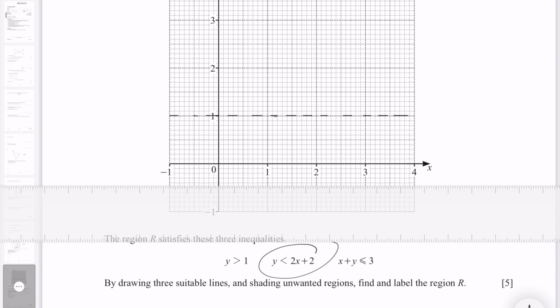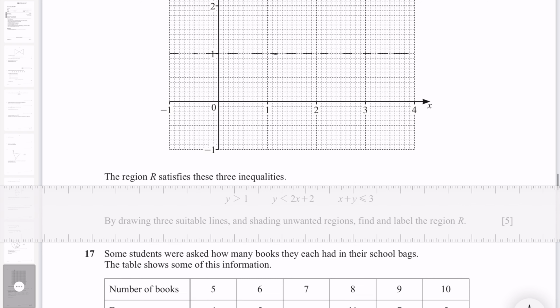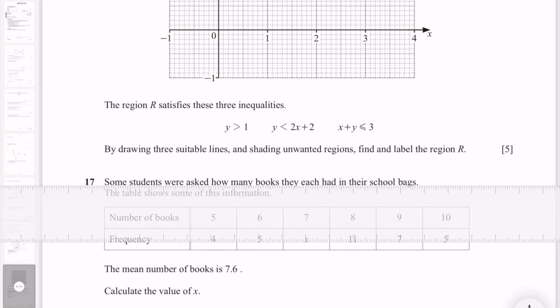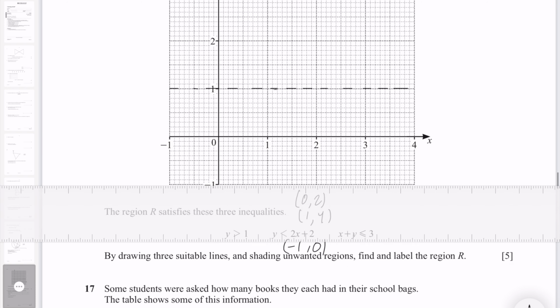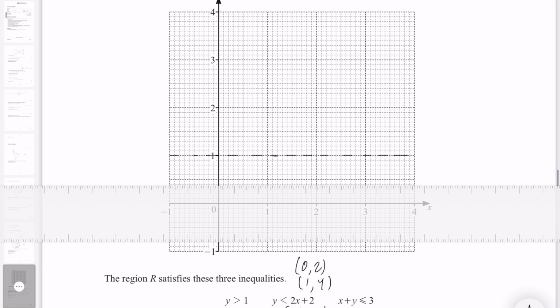Now for this one, let's put a few coordinates there, yeah? Let's say x is 0, y is 2, x is 1, y is 4, maybe negative 1, it's still 0. Okay. Alright, so I'm going to leave that there. 0, 2 is here. 1, 4 is here.